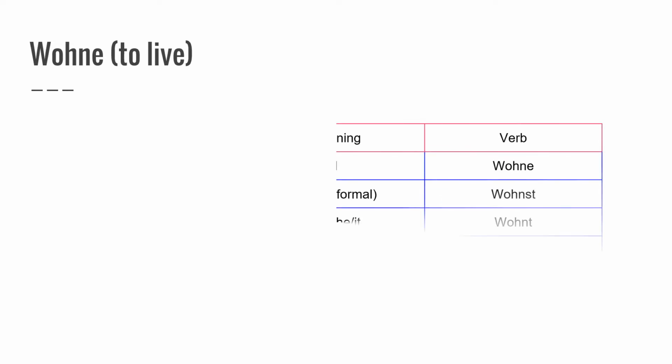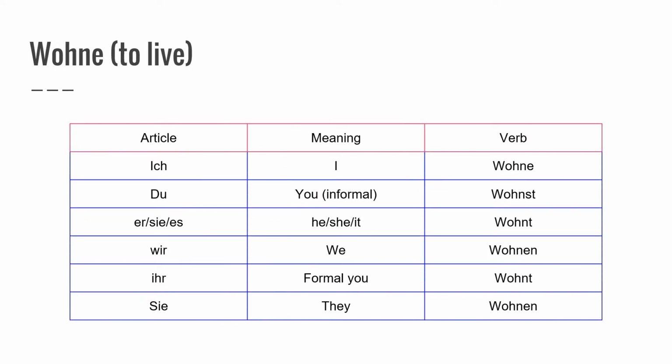So our first verb is wohne, which means to live. This is a table. You can see the article, the meaning, and the verb. I'll tell you the article and the verb in the coming slides, but the meaning in this slide. Ich, which means I, is wohne.